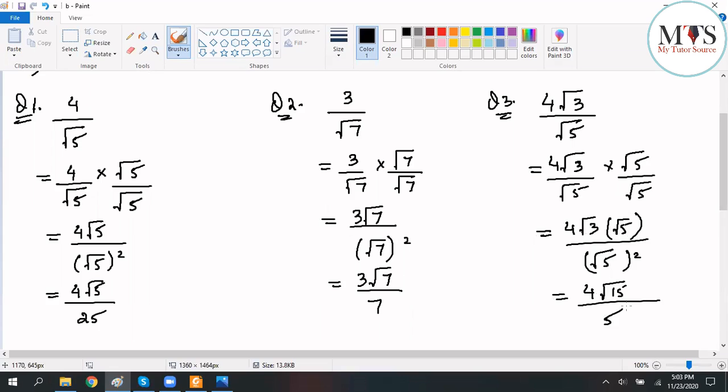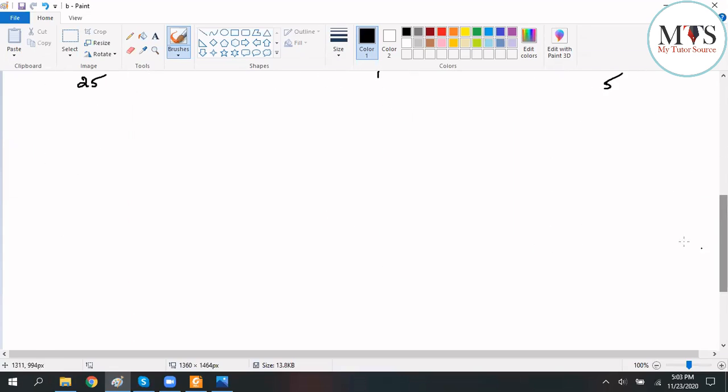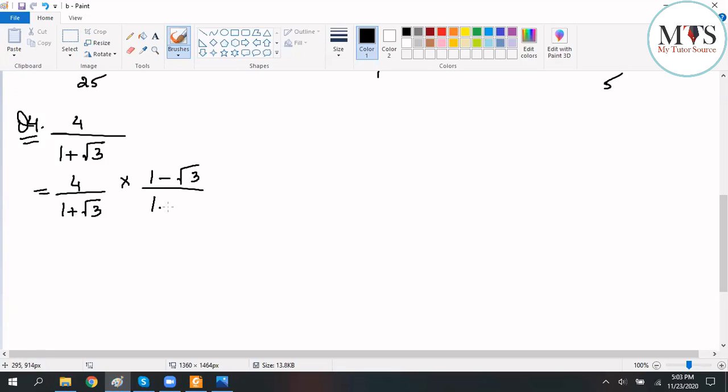Okay? Now, another type of question is, let's say, 4 over 1 plus root 3. In this case, what we do is multiply and divide the fraction by the conjugate, which is 1 minus root 3 over 1 minus root 3.